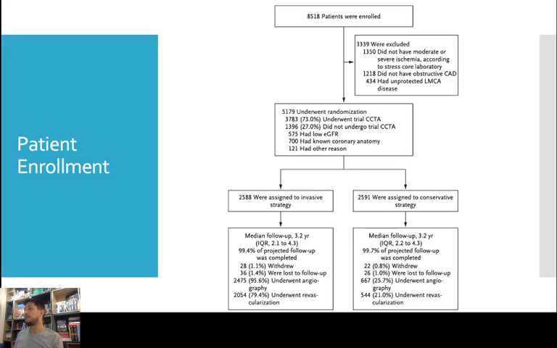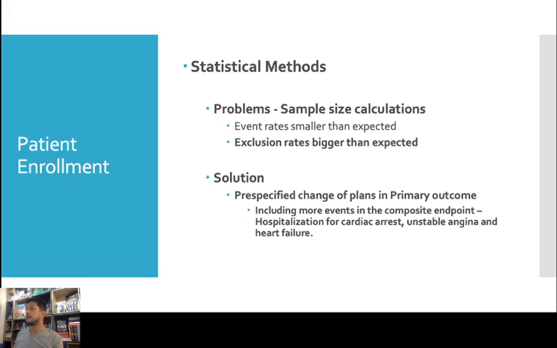Most of them had no severe or moderate ischemia, or they had lesions in the left main coronary artery, which was an important exclusion criterion for this trial, or more than 1,000 patients actually did not have obstructive coronary artery disease. So they ended up with approximately 2,500 patients in each group.